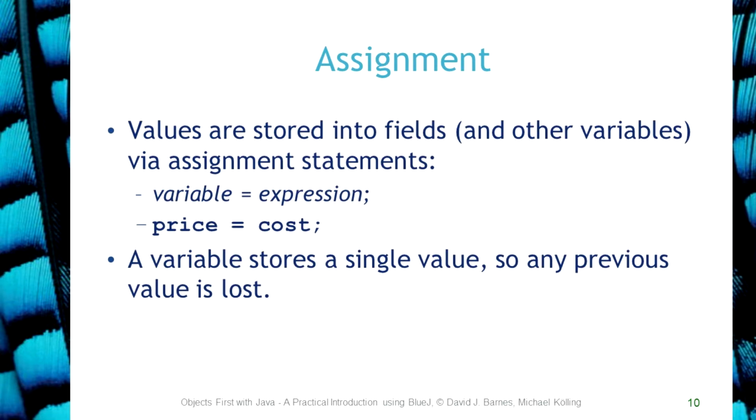In the previous section, we noted the need to copy the short-lived value stored in this parameter variable into somewhere more permanent, a field variable. In order to do this, the body of the constructor contains the following assignment statement. Assignment statements are used frequently in programming as a means to store a value into a variable.